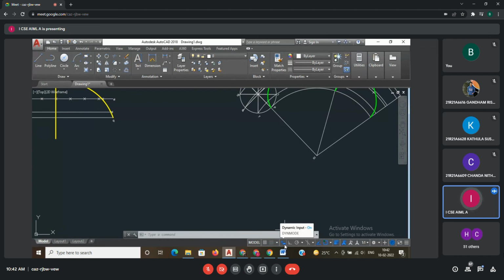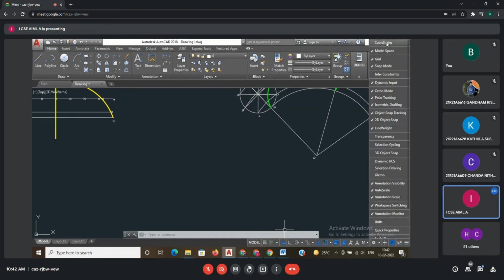That is dynamic input. That should be in on mode. Suppose that icon is not visible in the status bar, how to get it? Just go to the extreme right side of the status bar. You will get customization tools. Select that, and from the top, you will get the fourth or fifth one, dynamic input. Now see, it is in on mode. Now I am unticking this one.